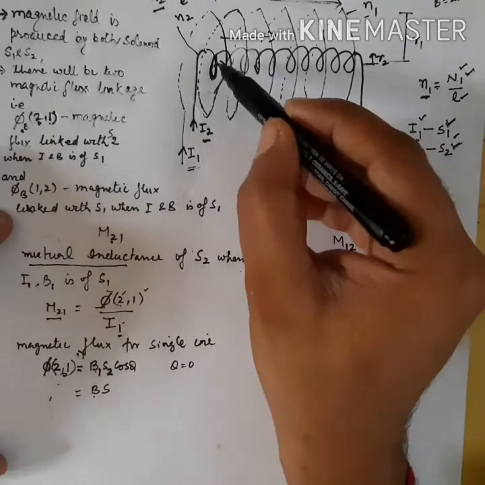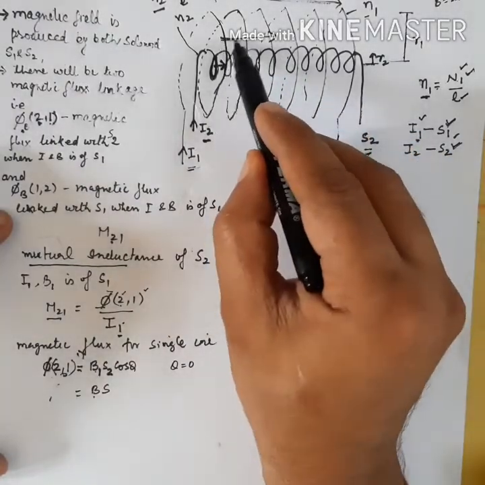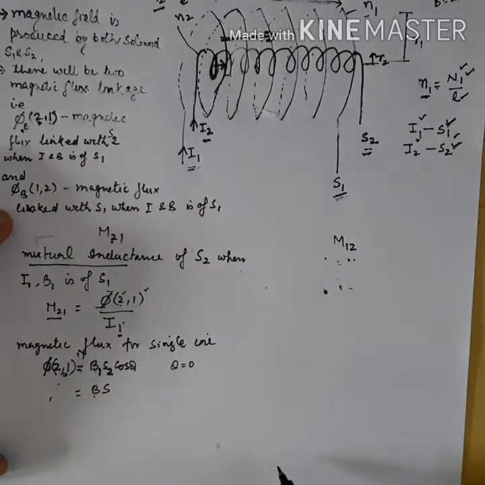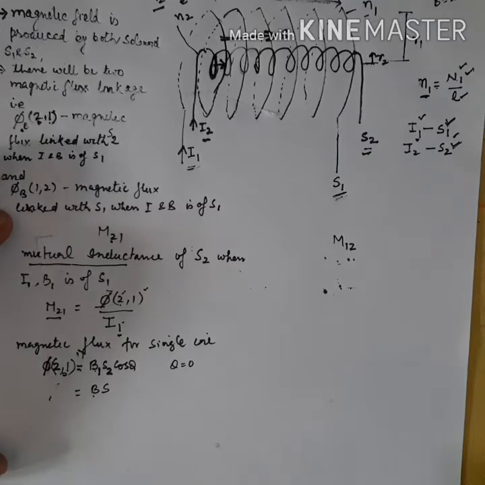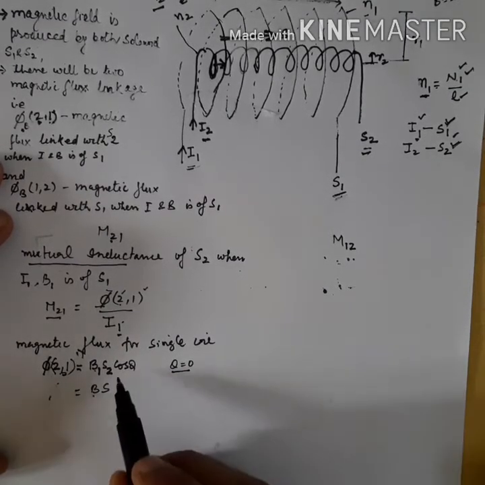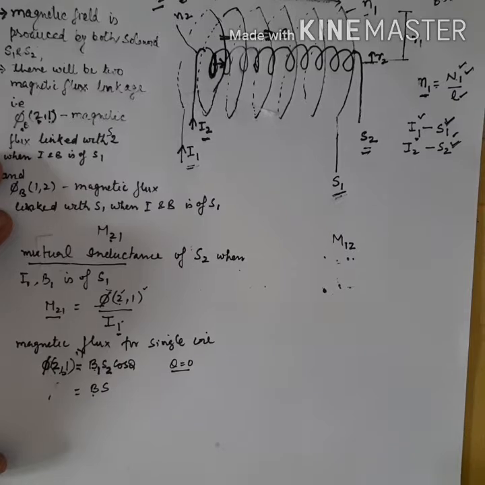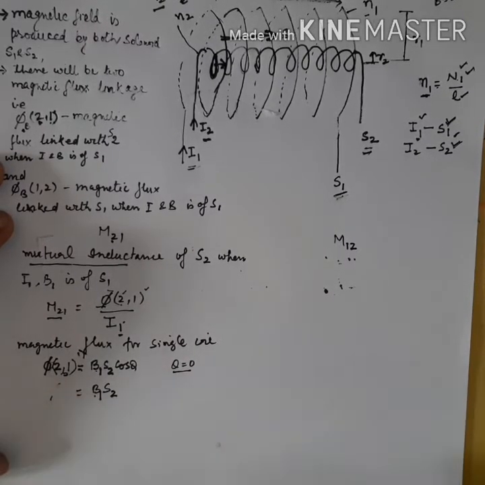The surface area S2 and the magnetic field produced by the outside solenoid are in the same direction, so theta is 0 degrees and cos 0 is equal to 1. We get B1 S2.